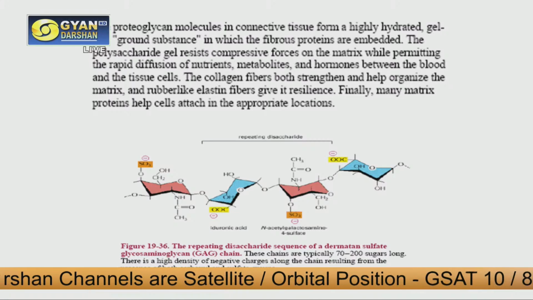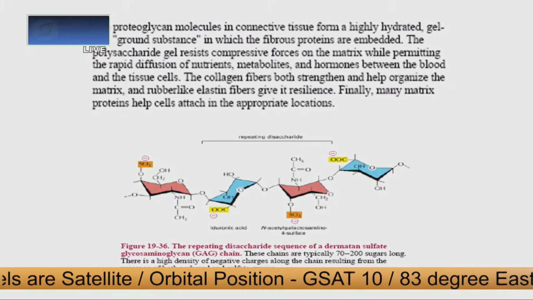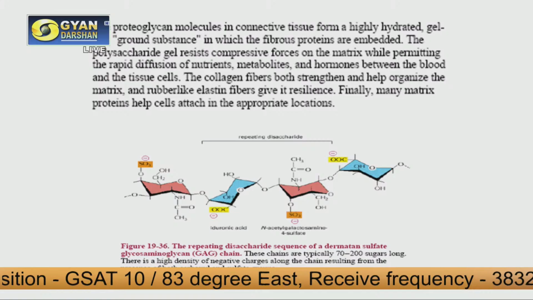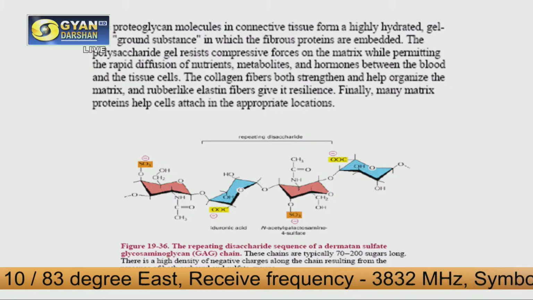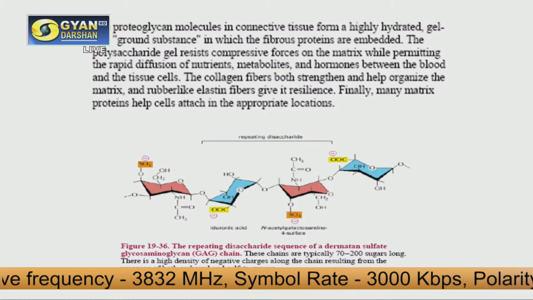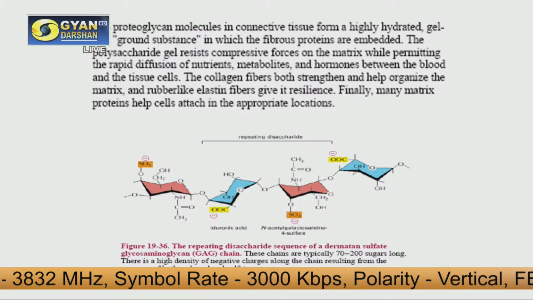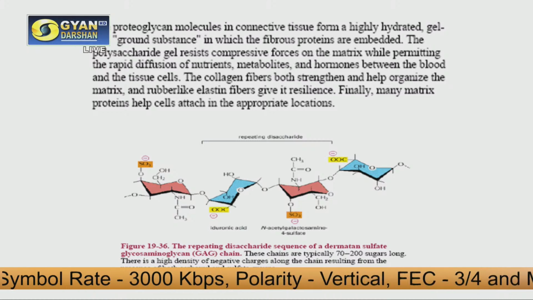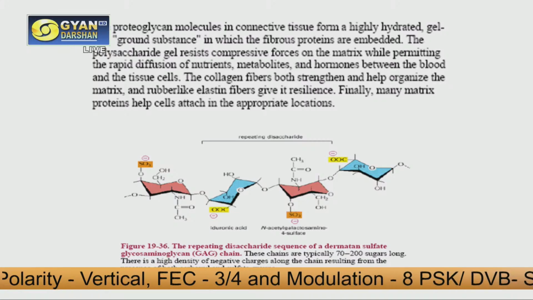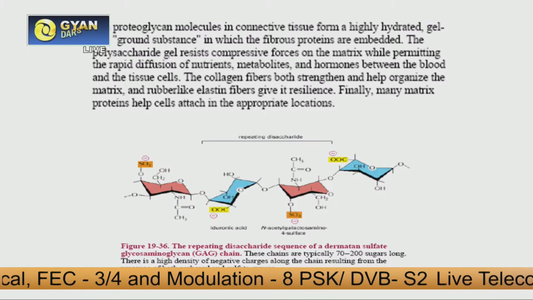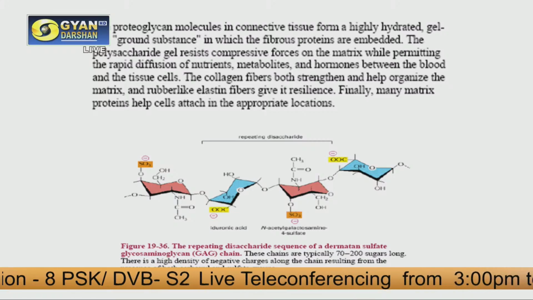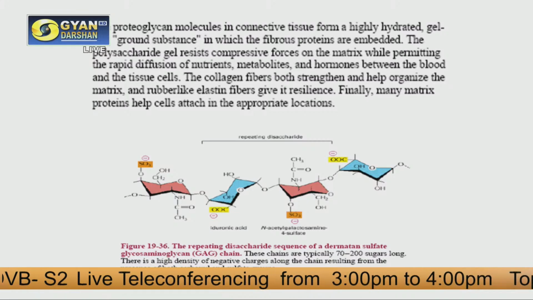If you see the diagram, you can see that the GAGs basically have a repeating disaccharide sequence. Here they have taken the example of dermatan sulfate, and you can see that it has a repeating disaccharide unit, which in this case is iduronic acid and N-acetyl galactosamine 4 sulfate.